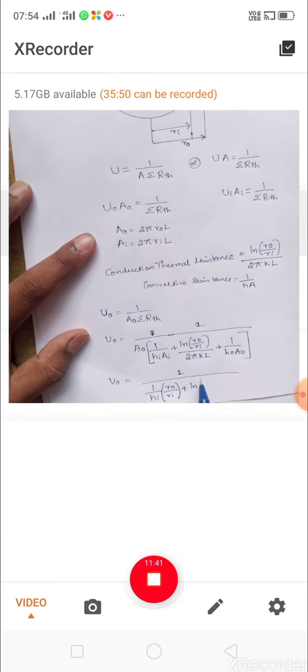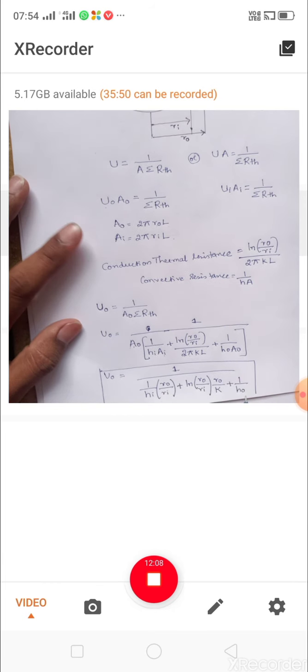So here log to the base e of R naught divided by Ri. The terms remaining will be R naught divided by K, plus A naught gets cancelled, so this will be 1 divided by H naught. So this is my final expression for the overall heat transfer coefficient based on the outer surface area of the cylinder.